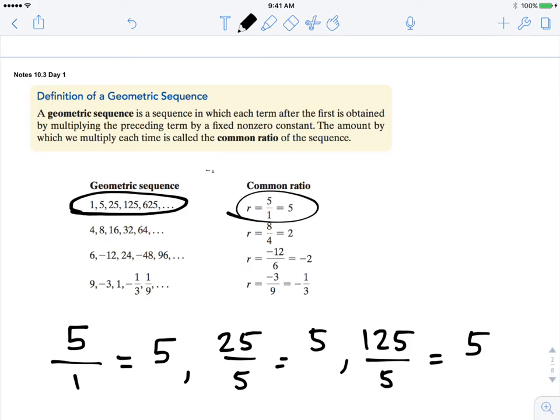So the common ratio is 5. You can look at these next three sequences. The next sequence has a common ratio of 2, common ratio of -2, common ratio of -1/3.